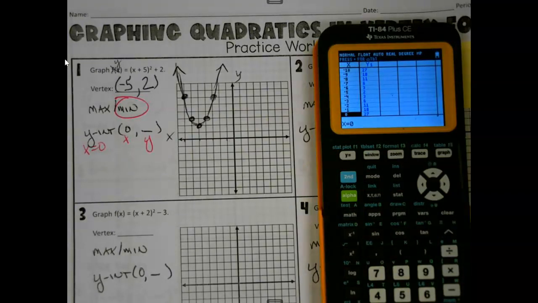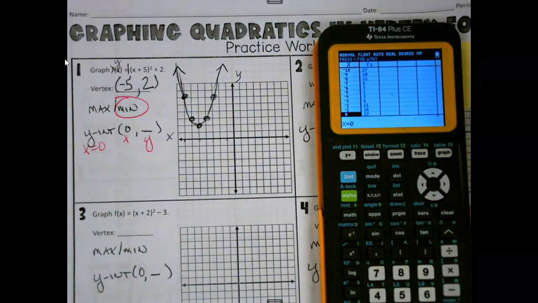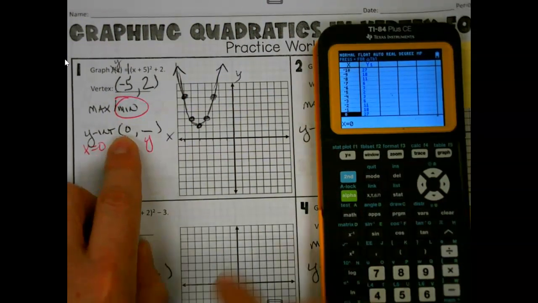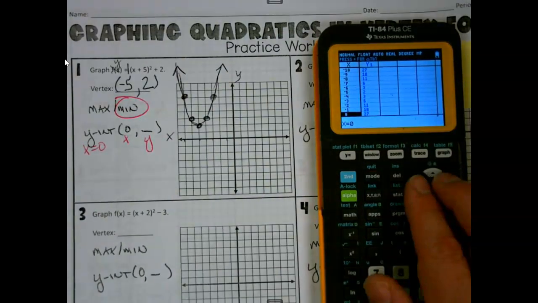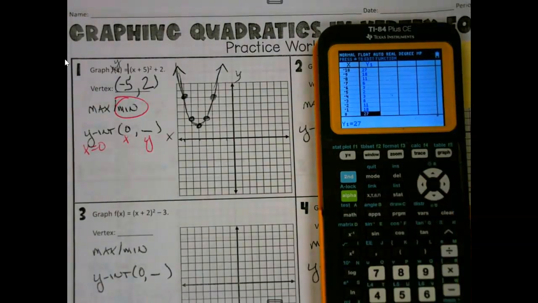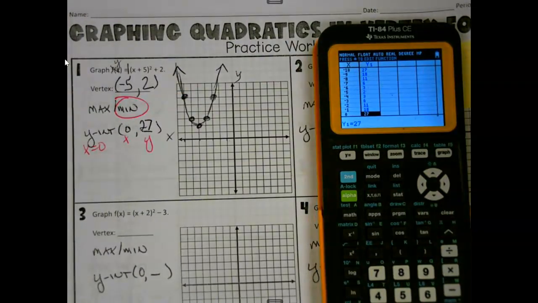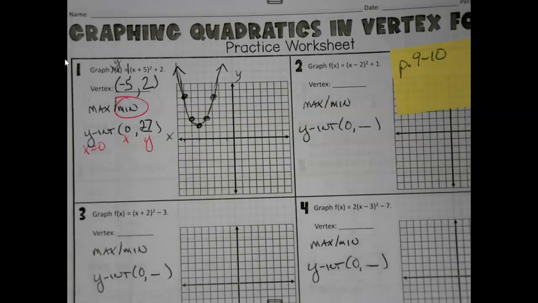The max min determinant would be your a value in front. And if I don't see one, it's just going to be +1. Here, I can't see the y-intercept on my graph, but if I go to my calculator where x is 0, whatever the y value is would be my y-intercept. Again, I don't need to do a lot of complex things to be able to get that value that I need.